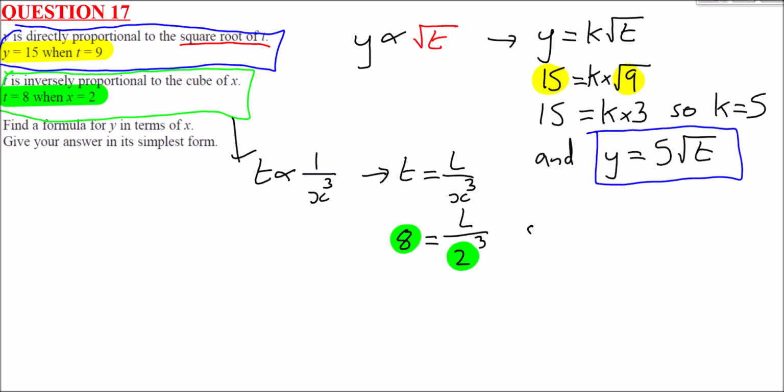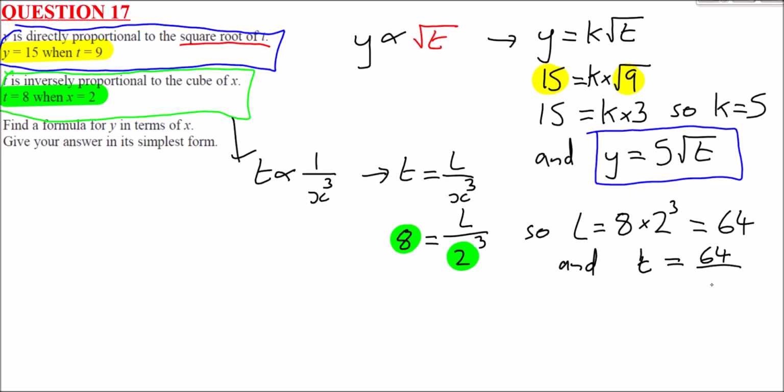Therefore, if we multiply both sides by 2 cubed, L must be 8 times 2 cubed. 2 cubed is 2 times 2 times 2, which is 8. So L is 8 multiplied by 8, which is 64. And therefore, we have that t equals L, which we now know is 64, all over x cubed.